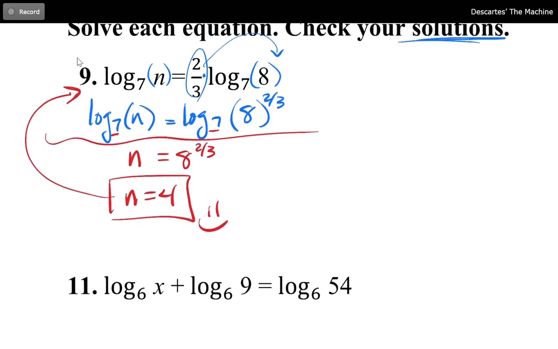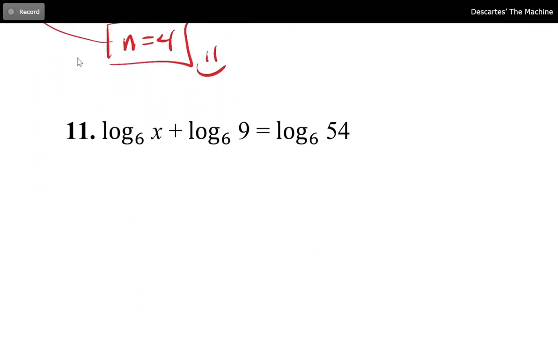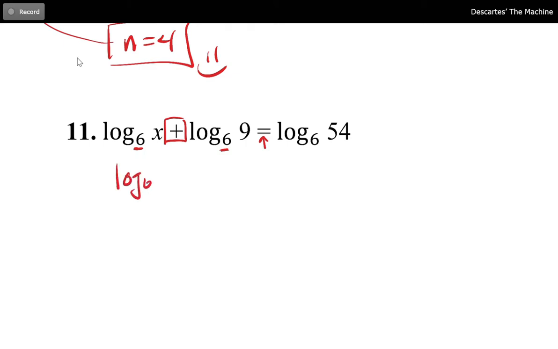Okay. How about this one? All right, so I see 3 different logs here. Here's my equal sign, and I've got 2 of them on this side, but I see that they're being added, and they're both base 6. So if I'm adding logarithms, I can combine them into a single logarithm. Log base 6 of, what do I do with the arguments here? I multiply them together. Log base 6 of 9x. That's equal to log base 6 of 54.